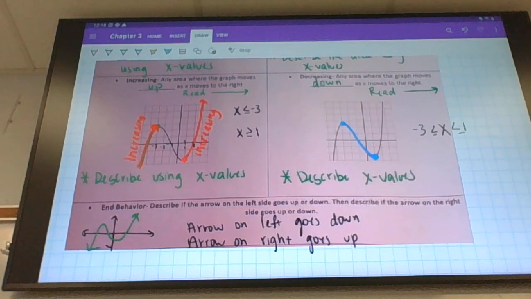All right, when you're ready, go to pages 189 to 191 and do number 1 through 7.